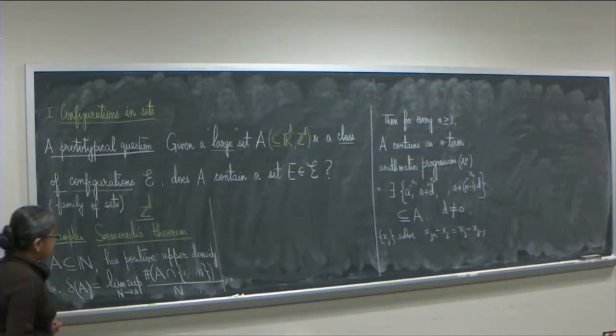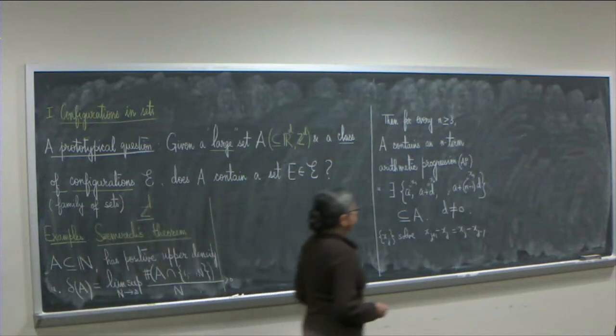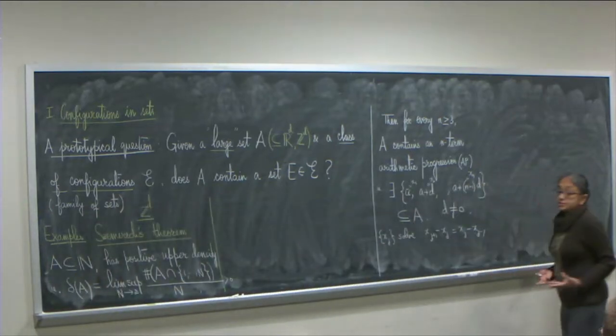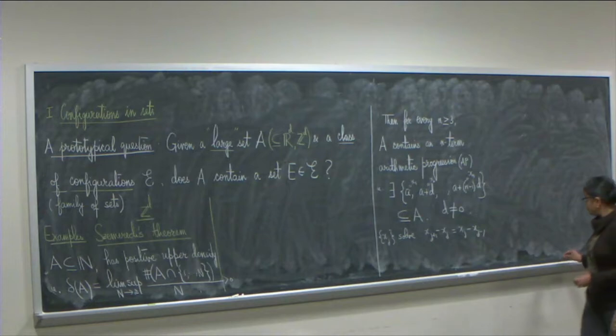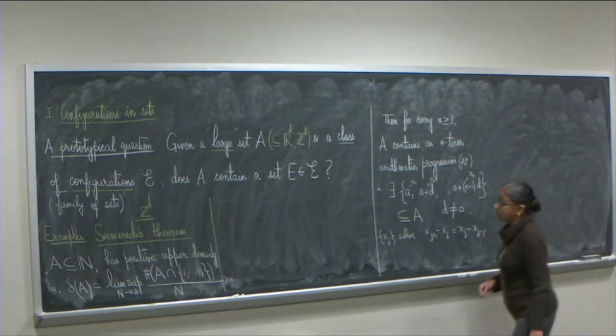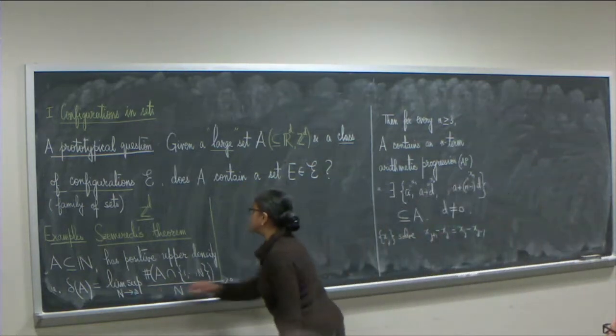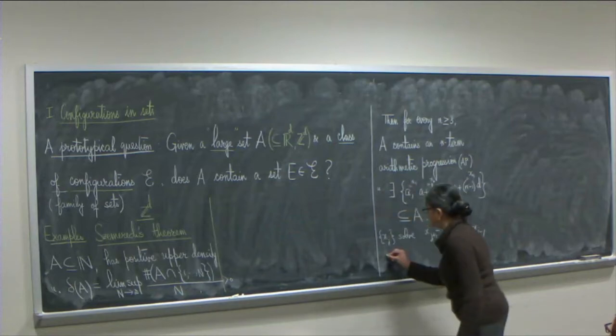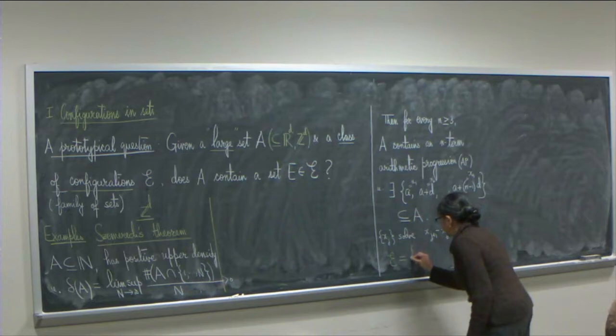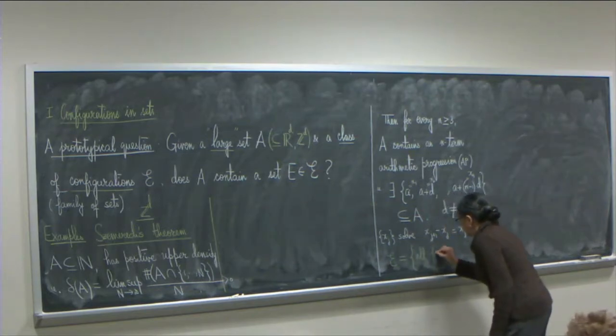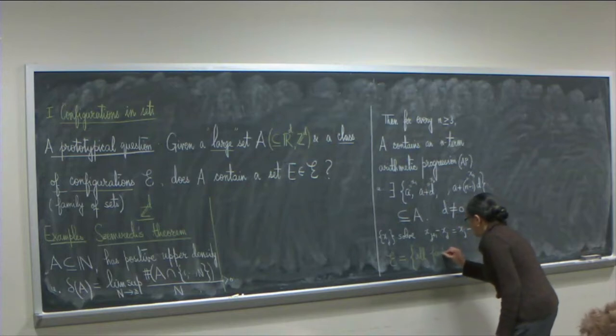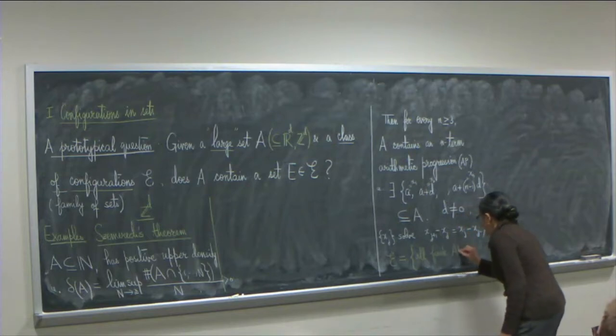We have a large set. What exactly are the configurations? The arithmetic progressions are my configurations. So to go back to this, what is the script E in this case? Script E here is simply all finite arithmetic progressions.